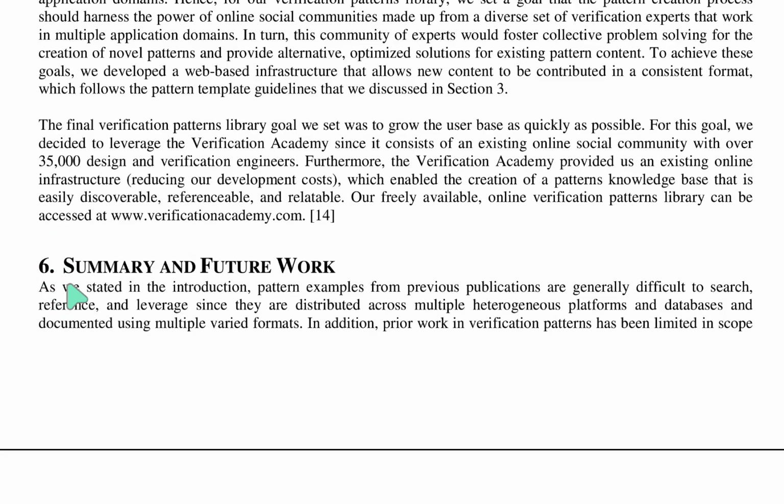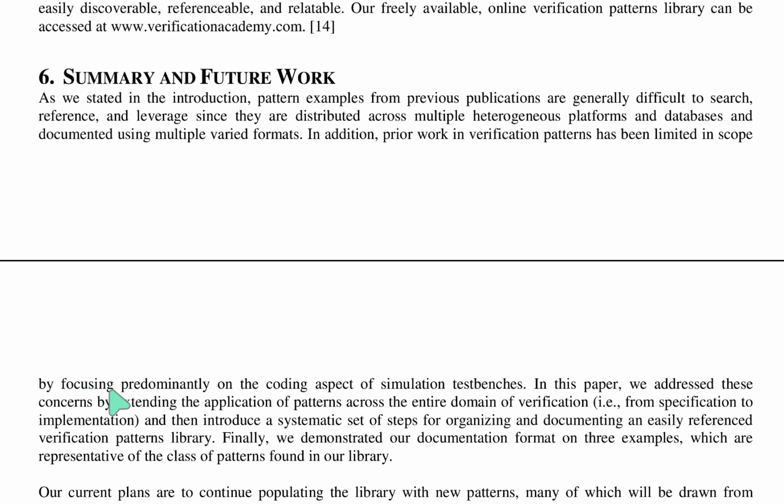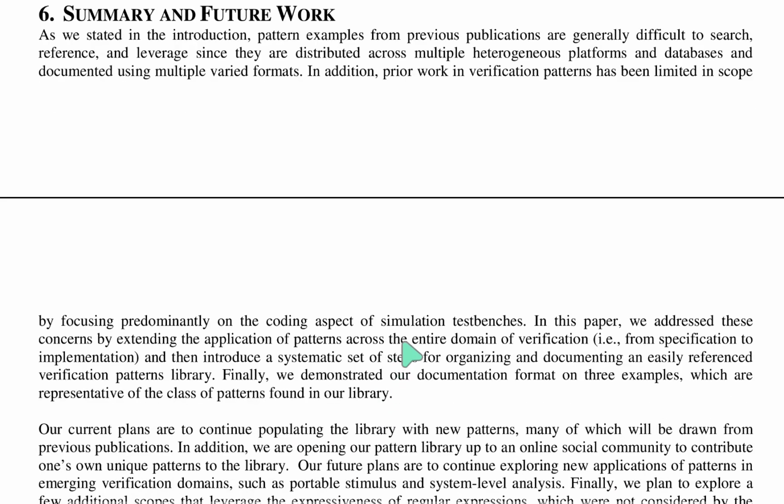6. Summary and future work. As we stated in the introduction, pattern examples from previous publications are generally difficult to search, reference, and leverage since they are distributed across multiple heterogeneous platforms and databases and documented using multiple varied formats. In addition, prior work in verification patterns has been limited in scope by focusing predominantly on the coding aspect of simulation-based test benches.